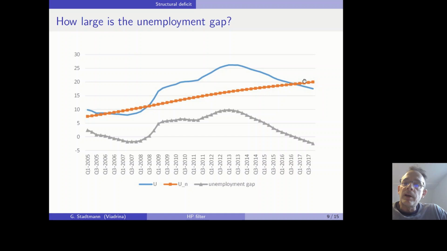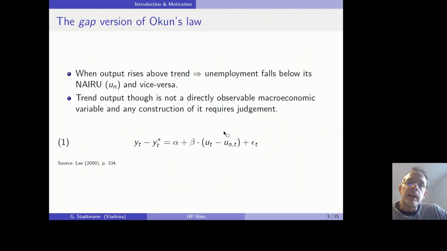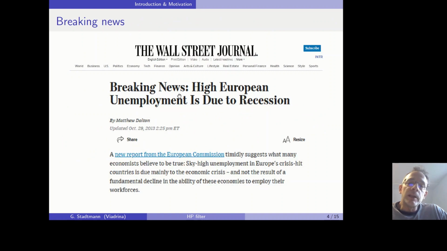The method of measuring the natural rate of unemployment changed, and suddenly the unemployment gap is huge. And therefore they say in this article, breaking news, high European unemployment is due to a recession. There is a huge unemployment gap. The Spanish government should be allowed to perform a counter-cyclical macroeconomic policy.